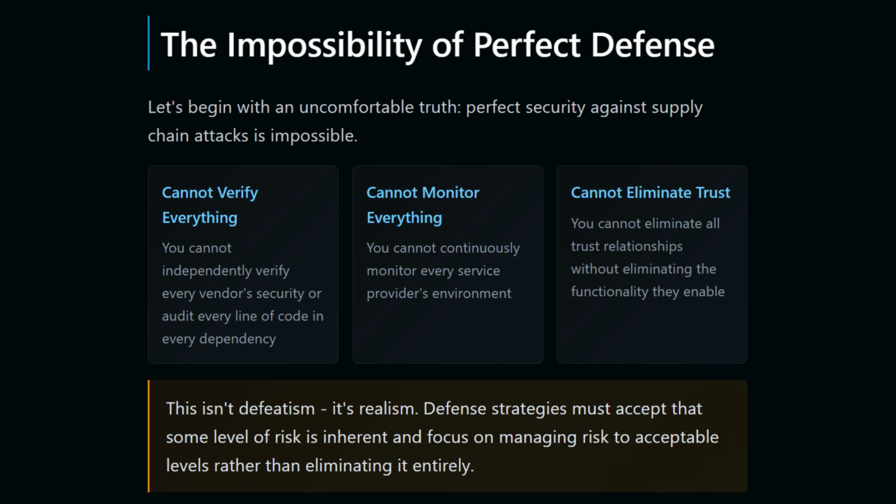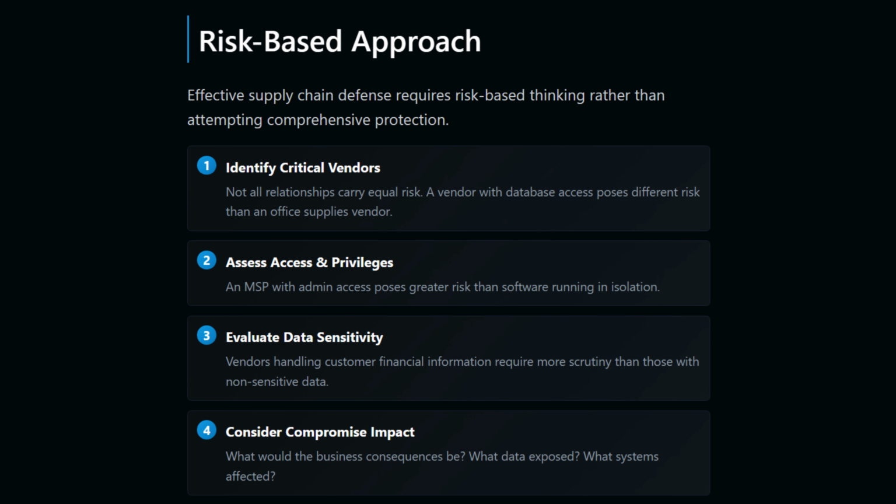Defense strategies must accept that some level of risk is inherent and focus on managing risk to acceptable levels rather than eliminating it entirely. Effective supply chain defense requires risk-based thinking rather than attempting comprehensive protection. Identify your most critical vendors and dependencies. A vendor with access to your customer database poses different risk than a vendor providing office supplies, obviously.